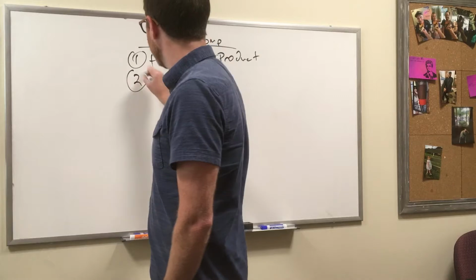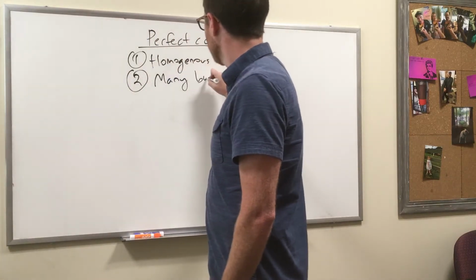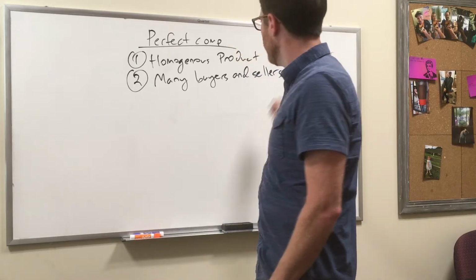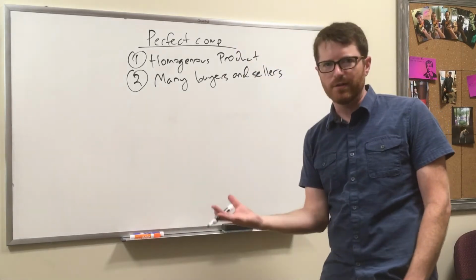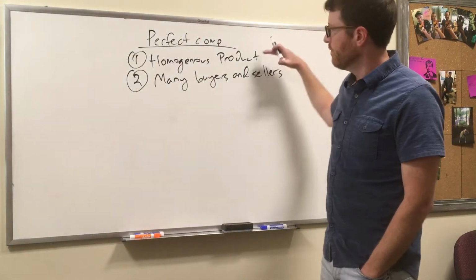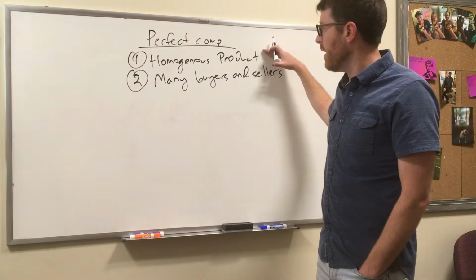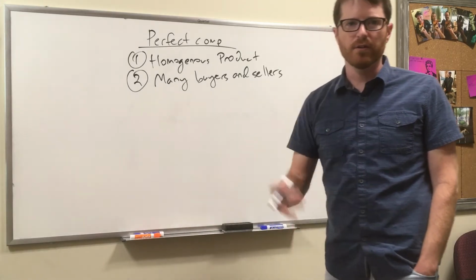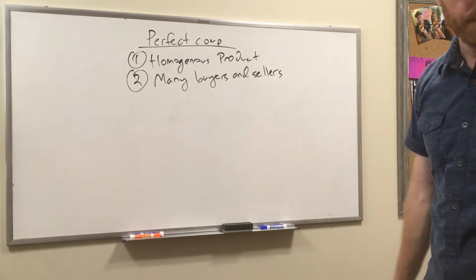Many buyers and sellers. Again, soy is a good example. For some goods, they fit some of these assumptions, but not others. So oil is a homogeneous product, it's all really the same, but there's not many buyers and sellers. There's only a select number of sellers, and some sellers have more power than others.